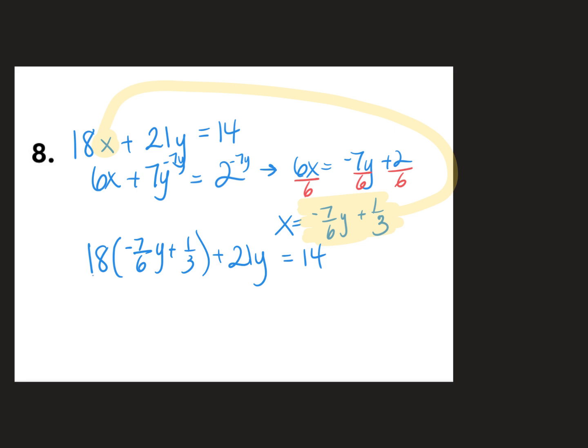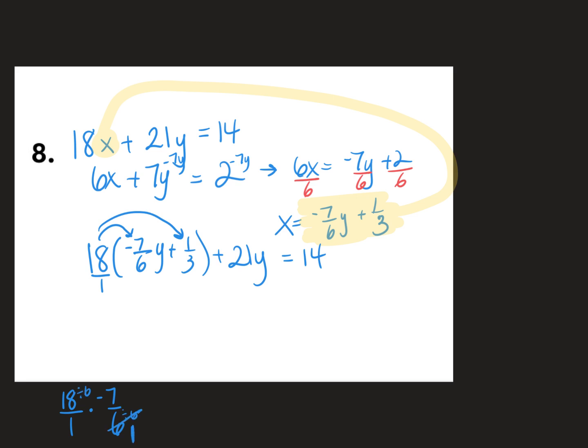I'm going to distribute 18 over 1 to both of these and do a crash course in multiplying fractions down here at the bottom. So I would write this down: 18 over 1 times negative 7 over 6. I'm going to use the strategy of cross-reducing. 18 and 6 have a common factor, so I am going to divide them both by 6.